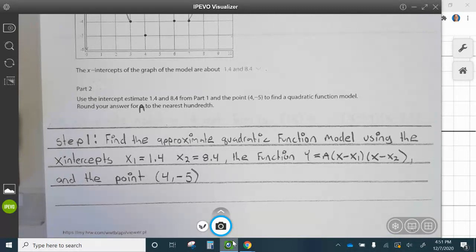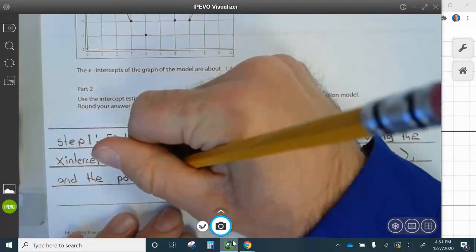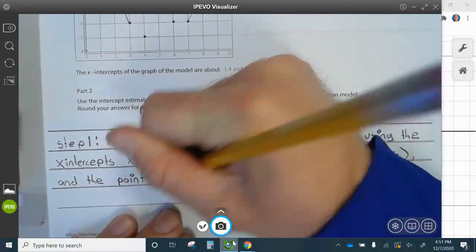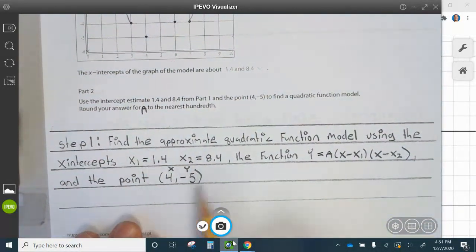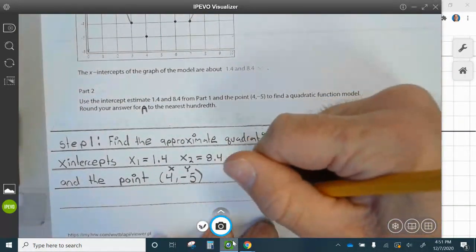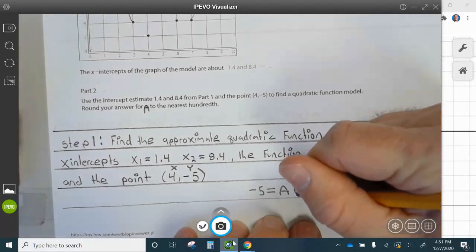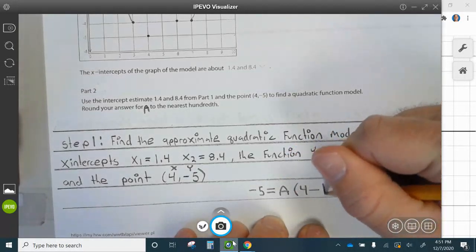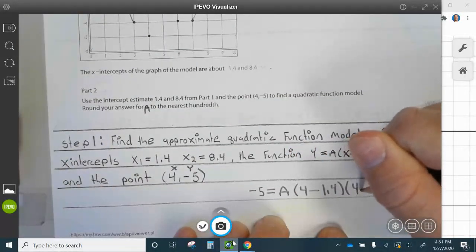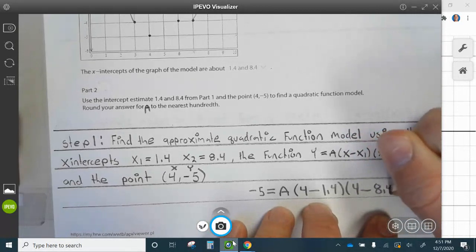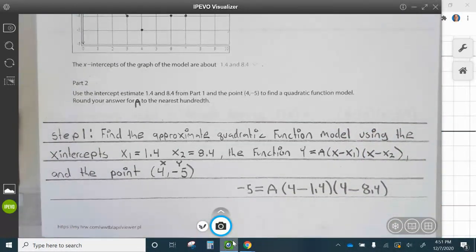The function is y equals a, parentheses x minus x1 and x minus x2, and the point (4, -5) is x, y. So we're going to plug these values in. So y is -5 equals a, which we don't know, parentheses x, which is 4 minus 1.4, parentheses 4 minus 8.4. Okay, go and finish it up, and we'll move on to the next step.